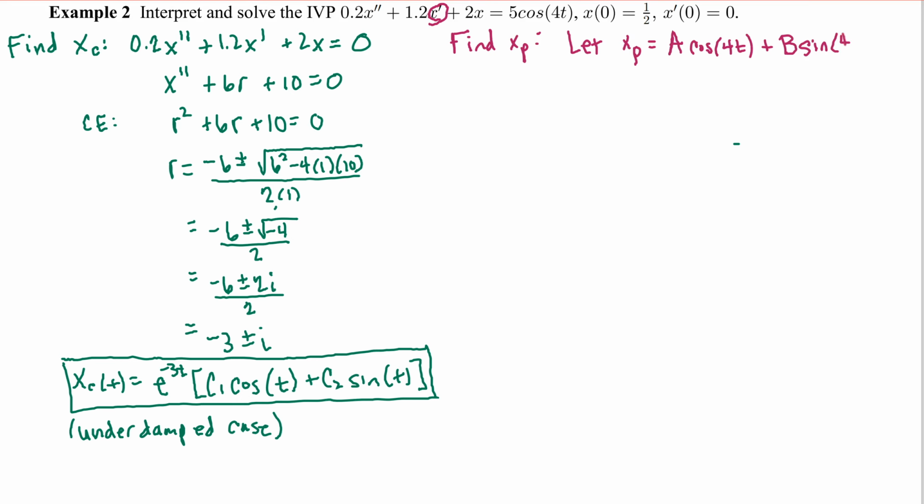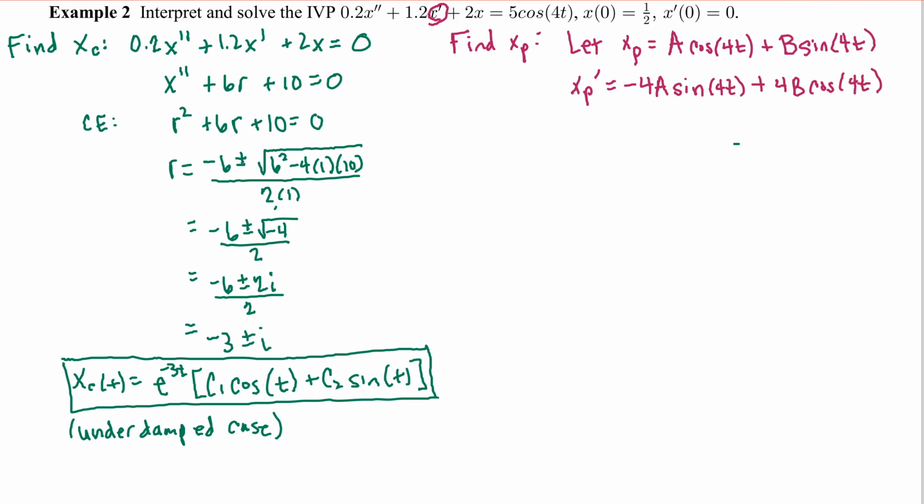Okay, remember we left this off previously because we were missing our x prime term. We were just taking a shortcut there. Don't forget also, you've always got the option of variation of parameters if you like that better. Let's find our derivatives. We'd have negative 4a sine of 4t plus 4b cosine of 4t.